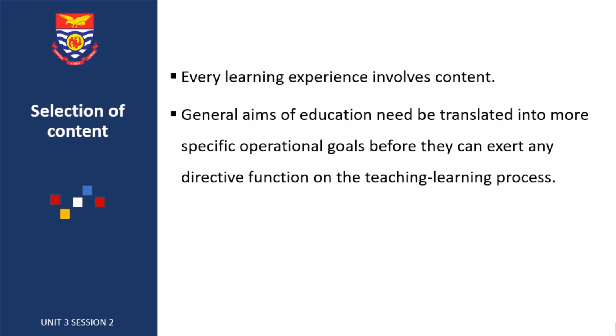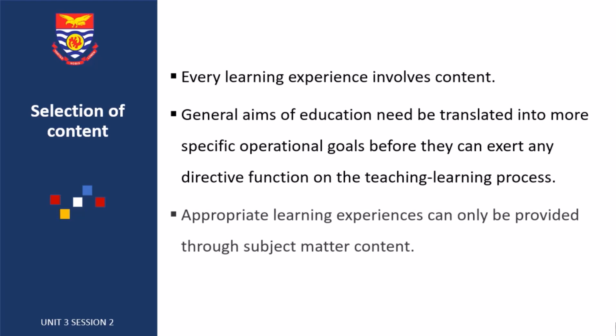So before we can achieve the general aims of education, we must translate these general goals into specific objectives. And based on the content that will be selected, based on the learning experiences that will be selected, we can achieve these general aims of education. And the appropriate learning experiences can only be provided through subject matter content.